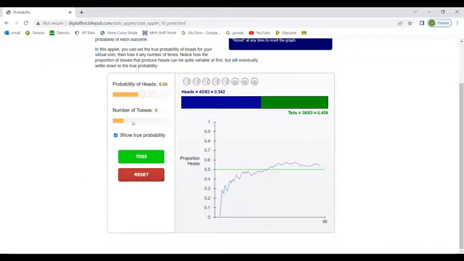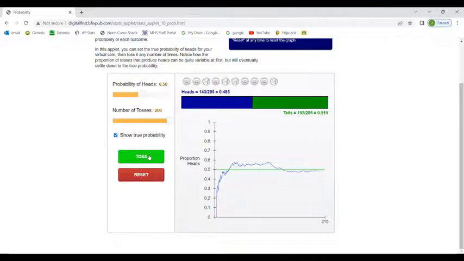I'm going to increase the number of tosses to 200 and run it again and ask it to toss, and you can see it's still pretty far. Oh, now it's close. It's getting closer and closer. The proportion of heads in the 283 tosses we've done so far is 0.488, so 48.8%.